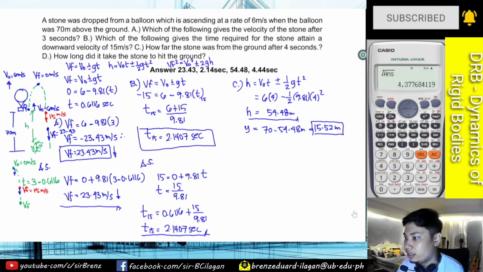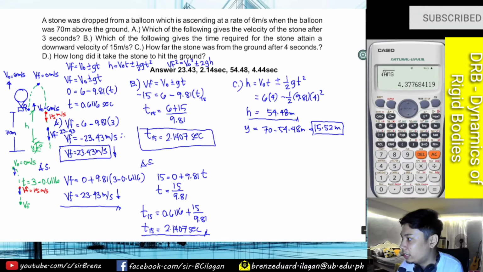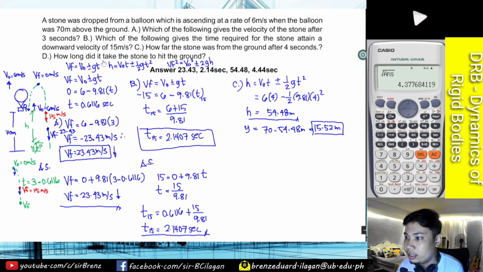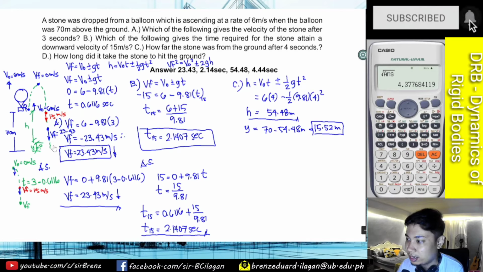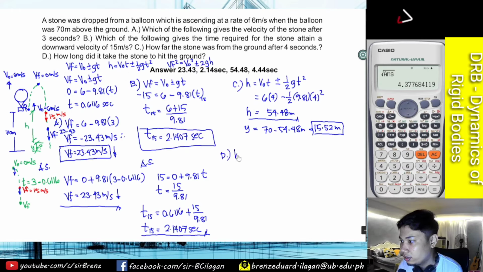Okay, last is for letter D. So ano bang hinahanap sa letter D? How long did it take the stone to hit the ground? So coming from dito, tumaas hanggang sa bumaba, gaano daw yung katagal? So for letter D, I think same equation din naman yung gagamitin natin. So H is equals to VOT plus or minus 1/2 of GT squared.